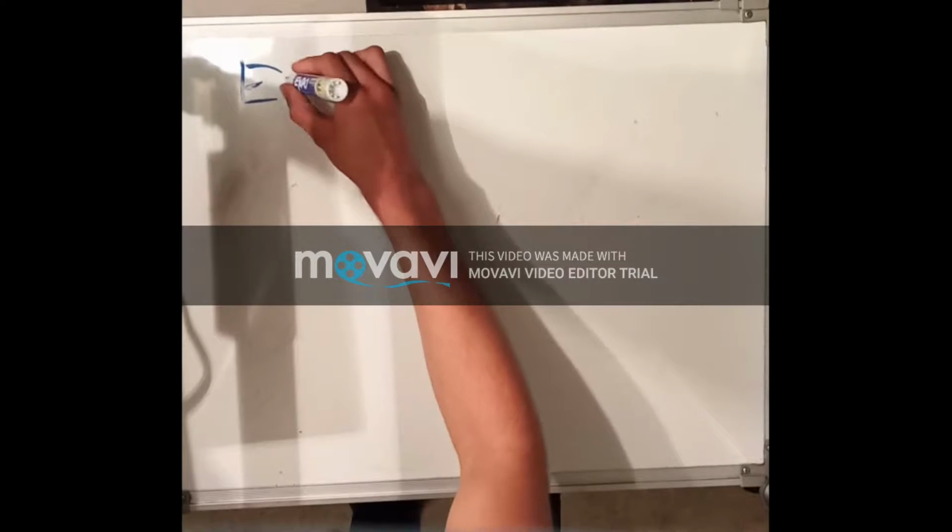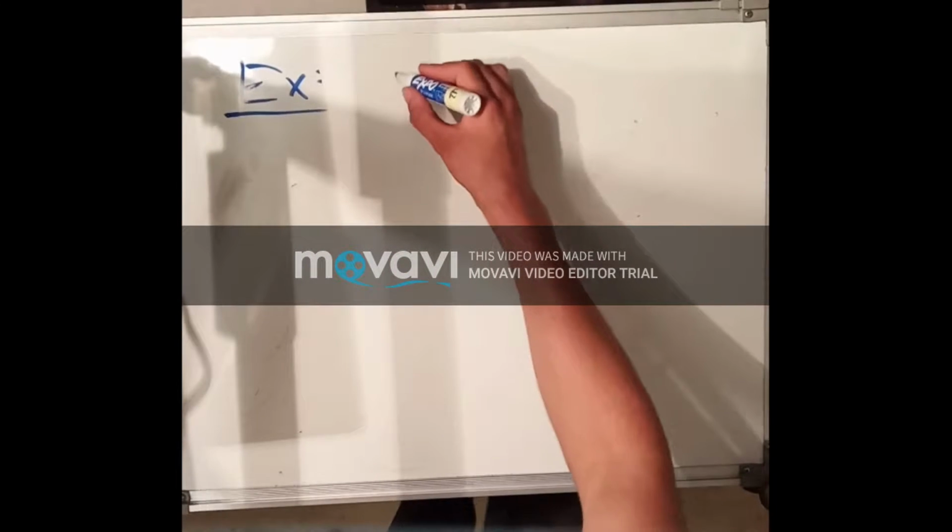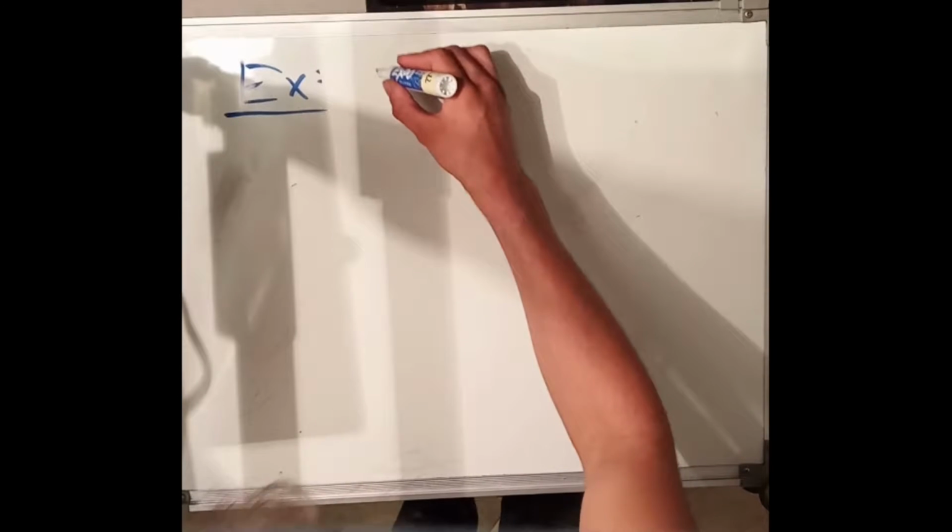As an example, we will show that the curvature of a circle of radius r is equal to 1 over r, which is the value of k.